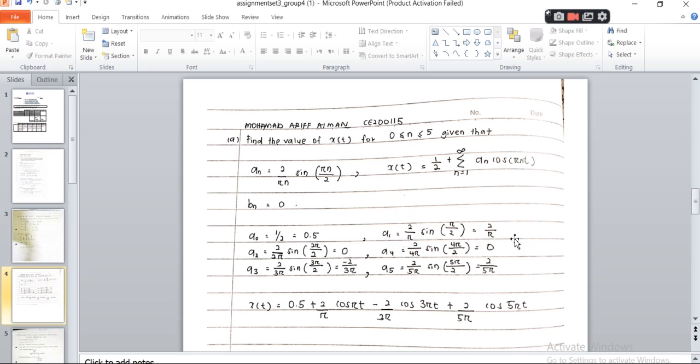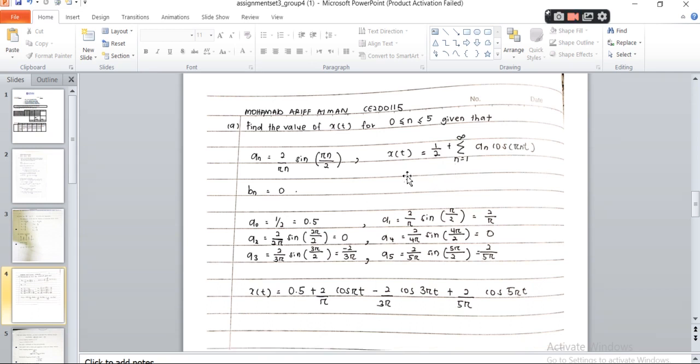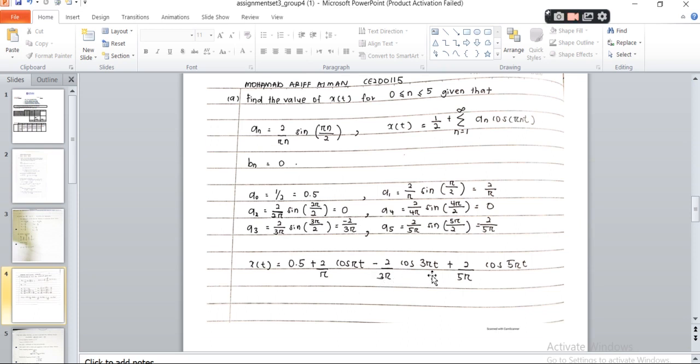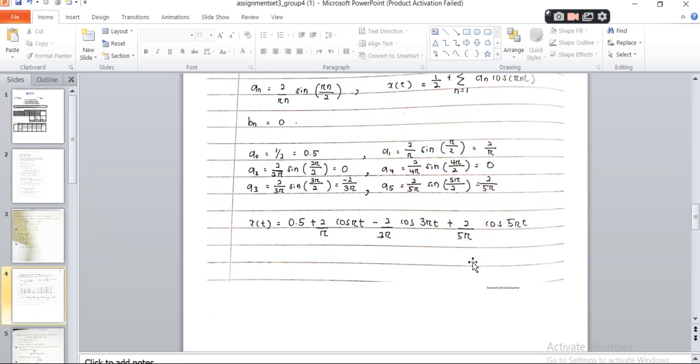Also for a_3, a_4 and a_5, we can get x(t) equals half or 0.5 plus 2 over π cosine(πt) minus 2 over 3π cosine(3πt) plus 2 over 5π cosine(5πt).